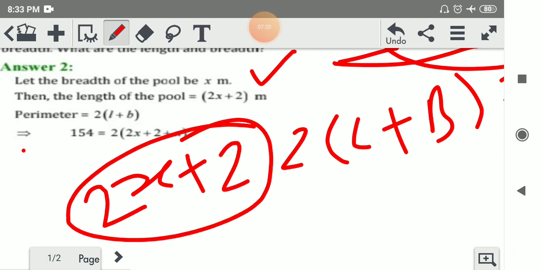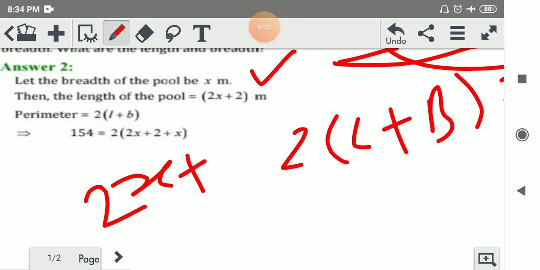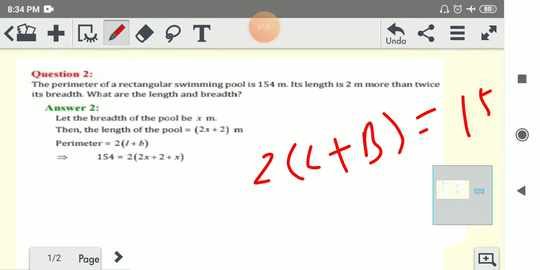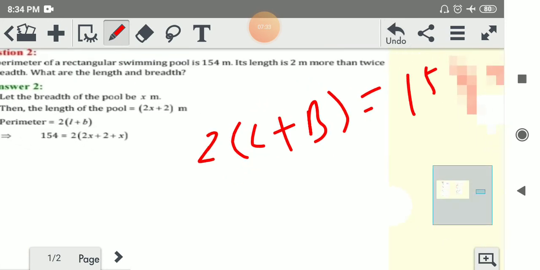So suppose this is the breadth, then the length is equal to 2x plus 2, and the breadth is x. Okay. Now put the values of length and breadth in the perimeter formula.